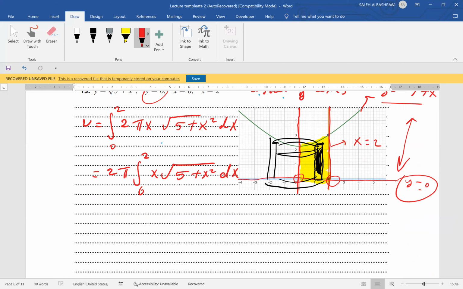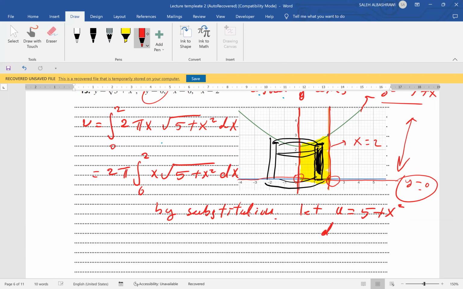Now this integration can be done using integration by substitution. Let u equal to 5 plus x squared.